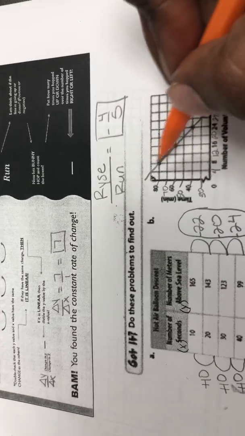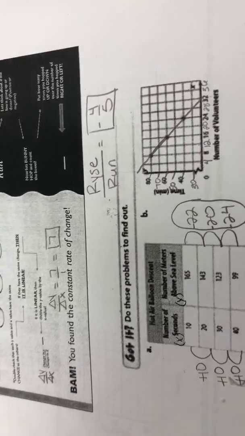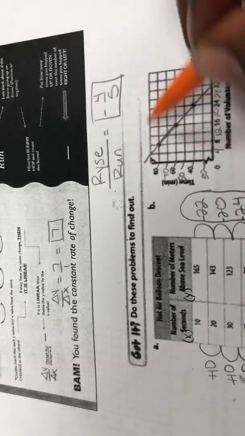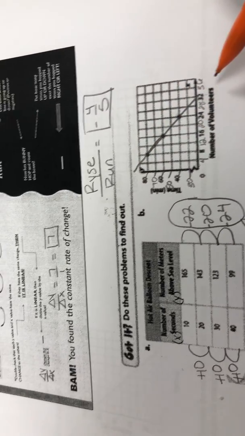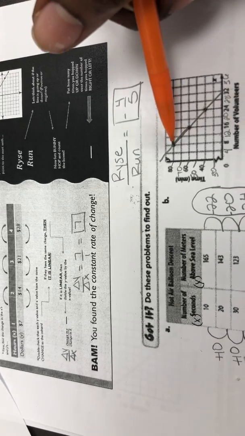Rise means you had to go up or down, okay? If I look at this line looking left to right, the whole line is going down. So that means we know that it's negative, okay?